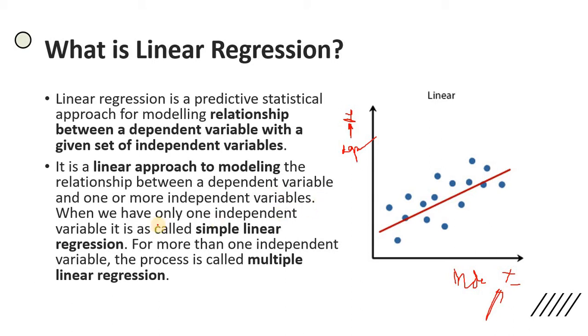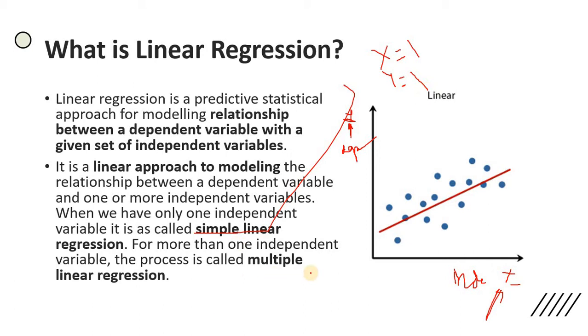Linear regression is also divided into two categories: simple linear regression and multiple linear regression. When we have only one independent variable and only one dependent variable, it is called simple linear regression. So if we have x equal to 1 and y is obviously 1, that situation is called simple linear regression.